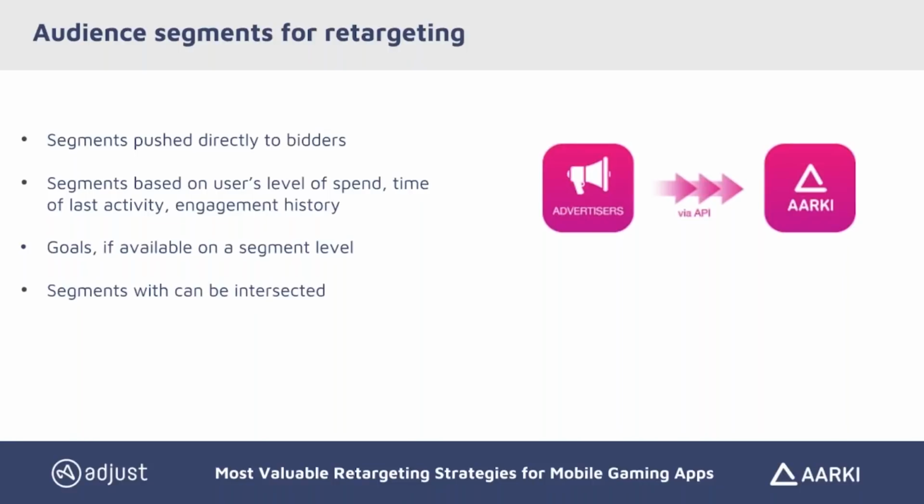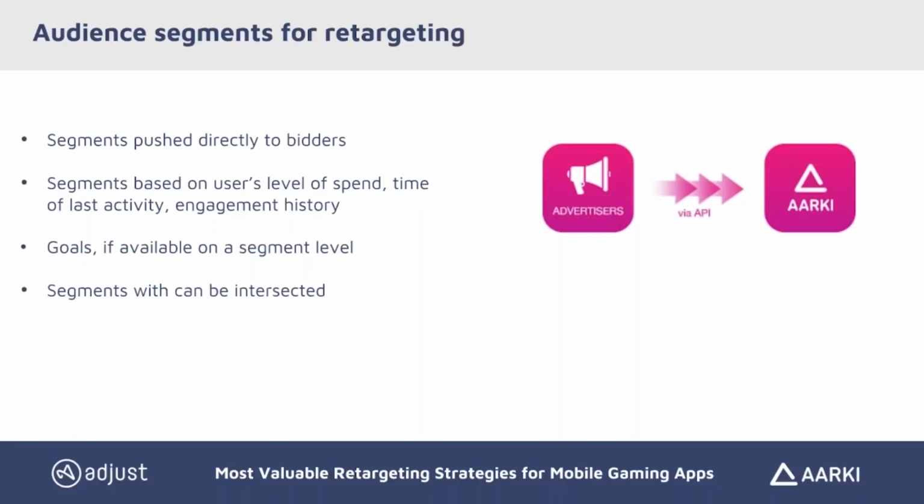From the Aarki perspective, some of our best practices and ideal scenarios is to think about the types of audience segments we receive. For example, static audience lists lead to inefficient buys. While we can control for some of it and start creating dynamic lists, suppressing users we've seen, what we're seeing is that customers who invest to push dynamic audience segments directly to our platform are able to run much more efficient campaigns.